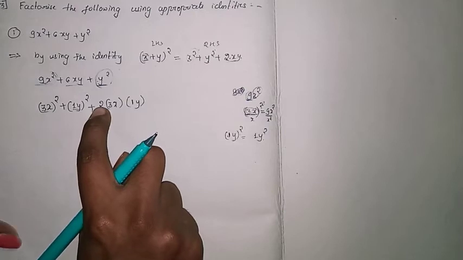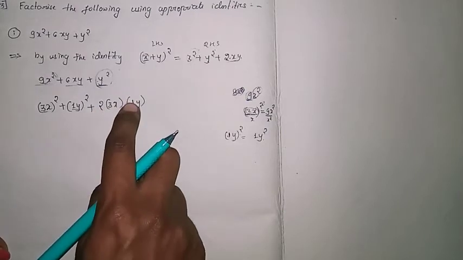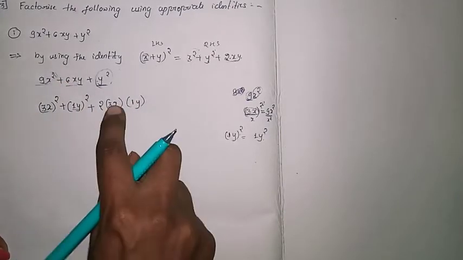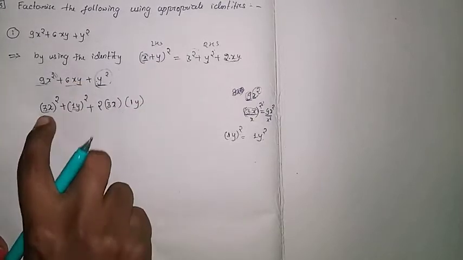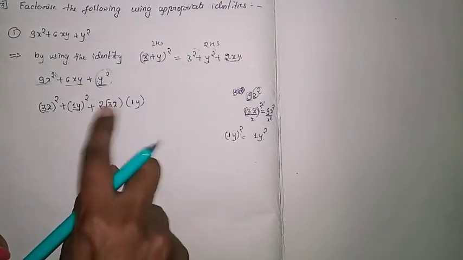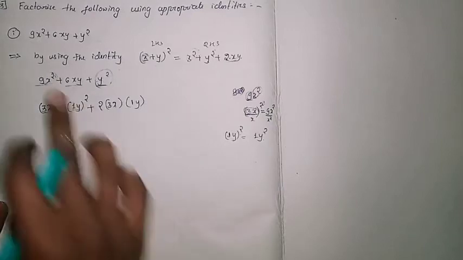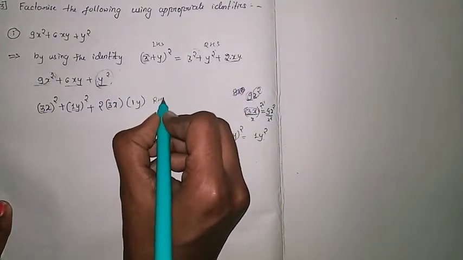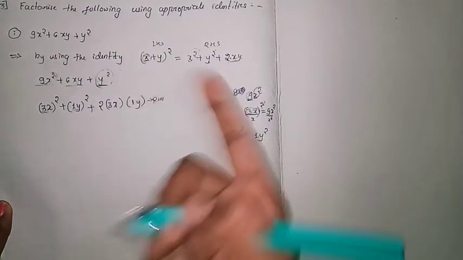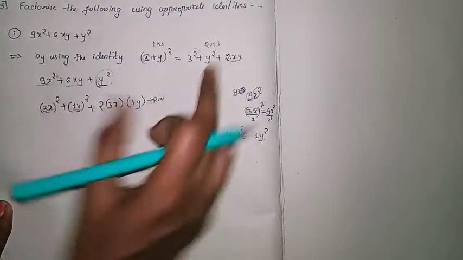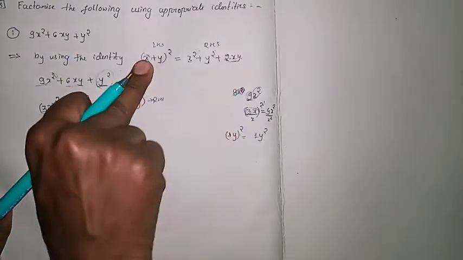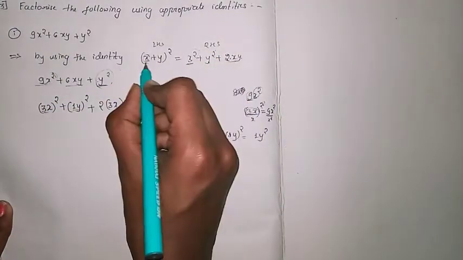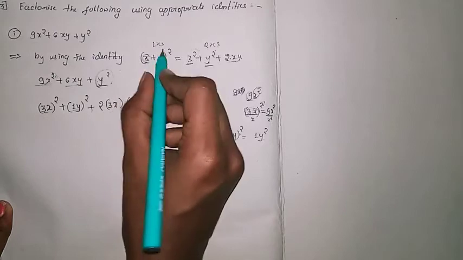So here 2 3s are 6, 6 1s are 6. So 6xy, so 9x square plus y square plus 6xy. Then this came in the form of RHS. Now it is in the form of RHS. No need to write this one, for your understanding I am writing. So now I have to convert this RHS term to the LHS. So what is this? (x term plus y term) whole raised to square.